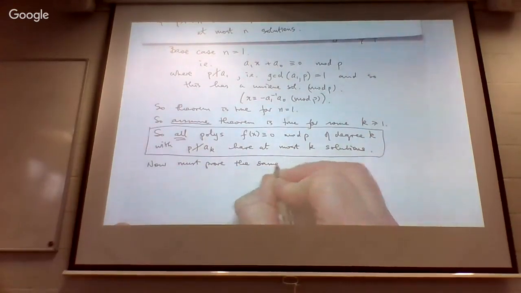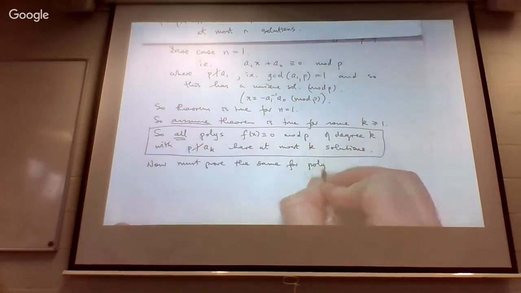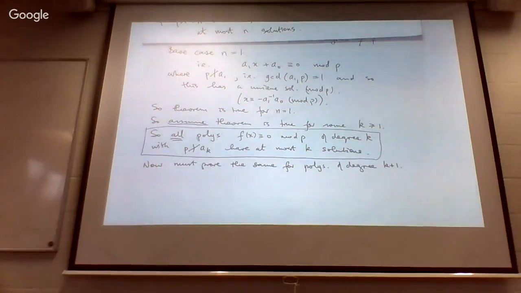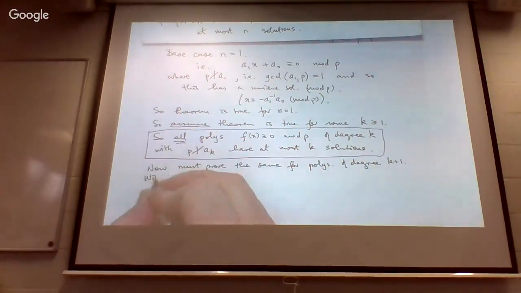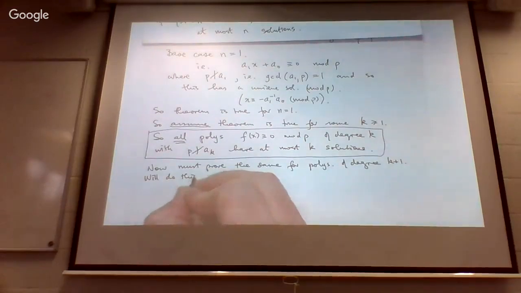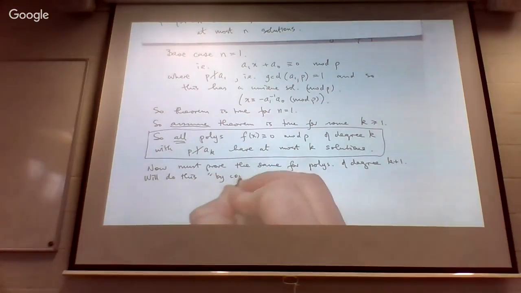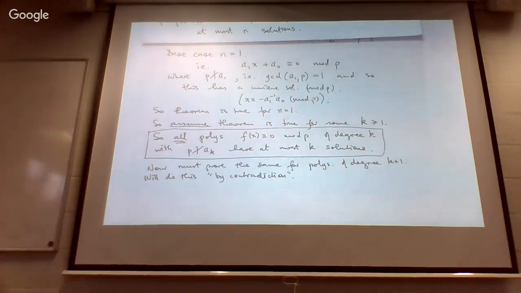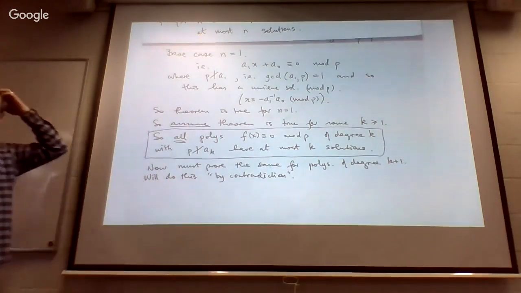That's how our proof by induction works. But we're going to do this by contradiction. So we're going to use a proof by contradiction to prove the induction step.